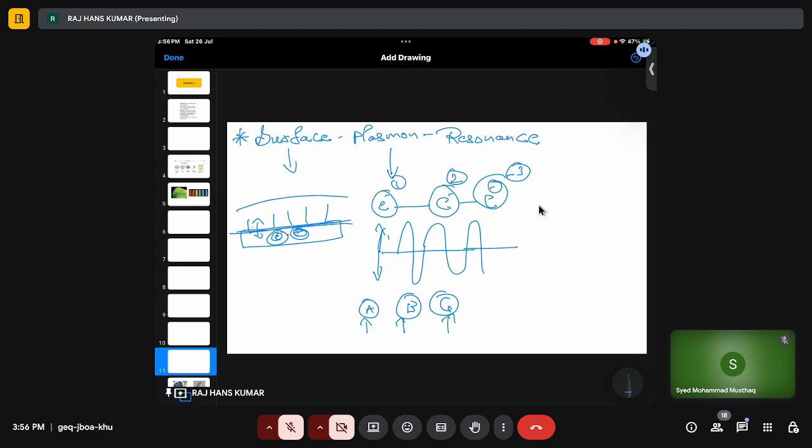So there are two types of plasmons. One is the surface plasmons, which are the free electrons on the surface, oscillating collectively. Now what about the bulk plasmons? That means the electrons inside the material are oscillating. The collective oscillation of electrons inside the material is called bulk plasmons, and the collective oscillation of electrons on the surface of the material is called surface plasmons.